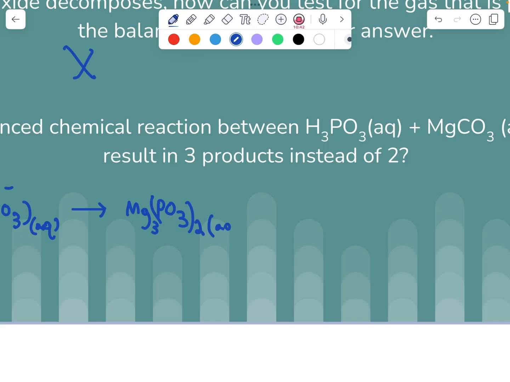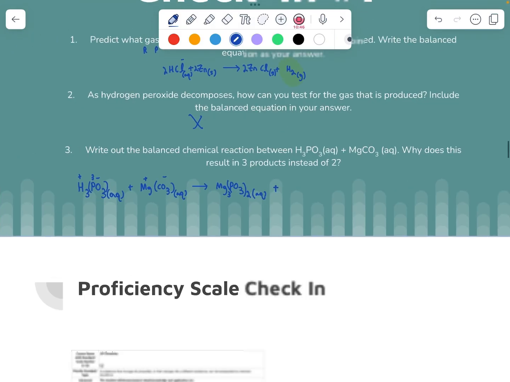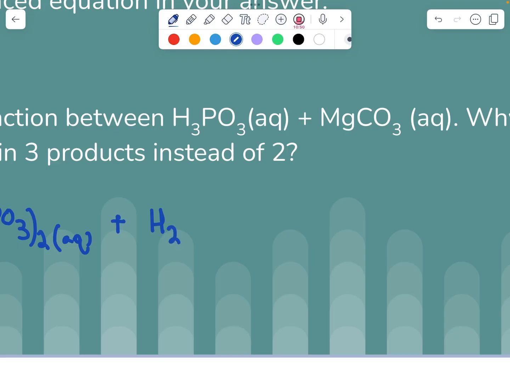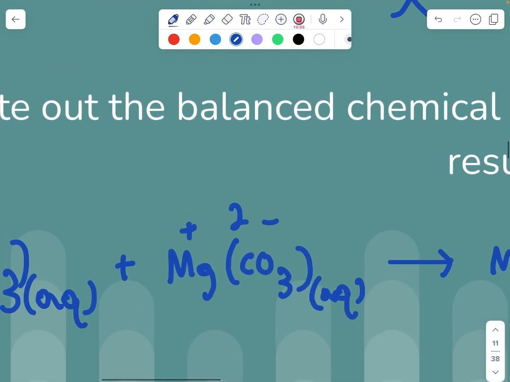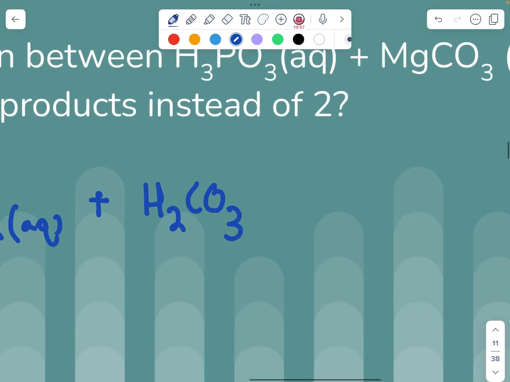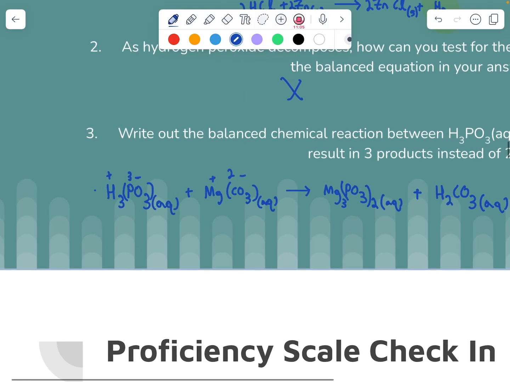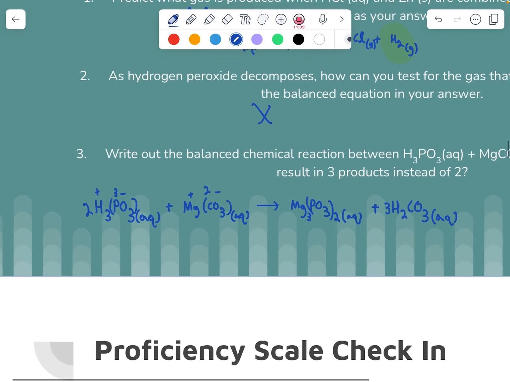Then we're going to have our H2CO3 because carbonate has a charge of -2, and hydrogen always has a charge of +1, also aqueous. And then we're just going to balance real quick, and say we have 3 hydrogens on this side, so 2 here, 3 here, we have 3 CO3s on that side, okay, and there we go.